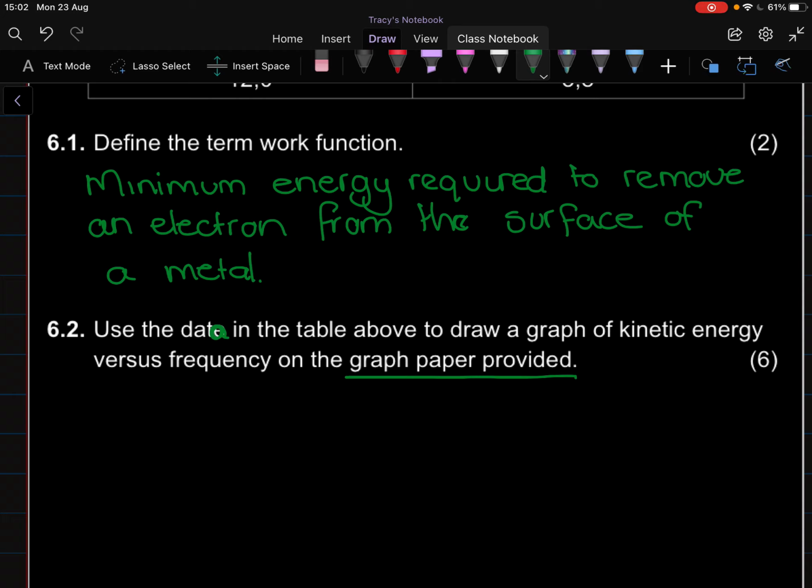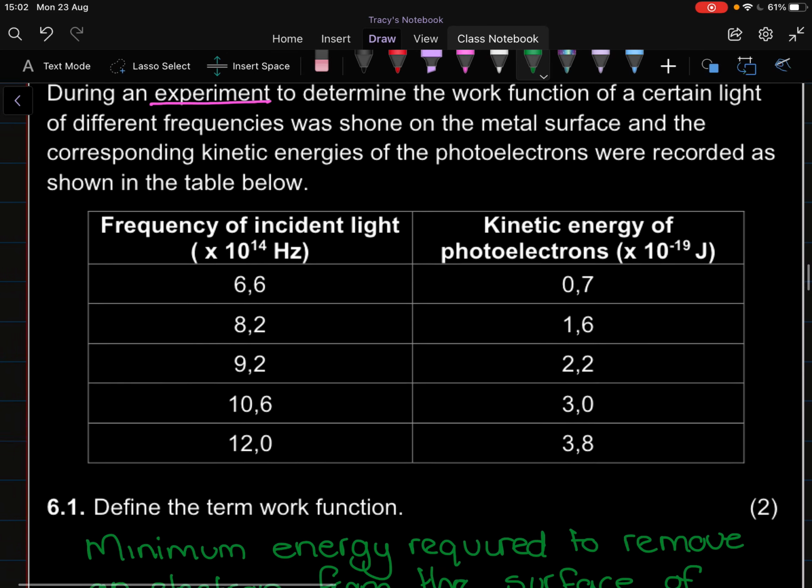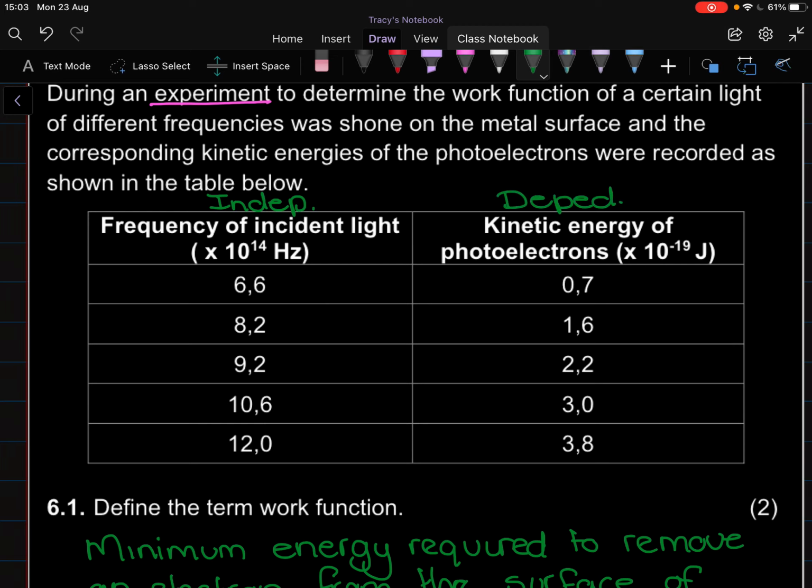I'm not going to draw the graph because it'll take forever, but you really need to spend some time doing this. When you get given a table like this, the first thing is always the independent variable. The second one is the dependent variable, which means the first thing here is your x-axis. Second thing is your y-axis.